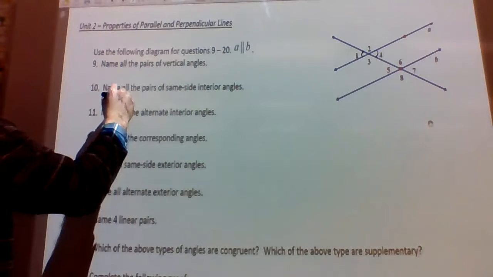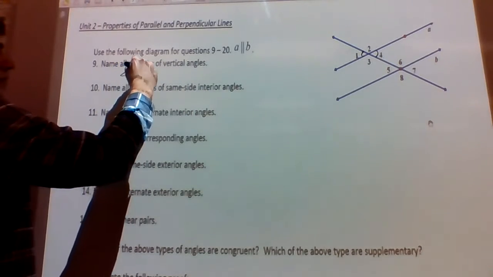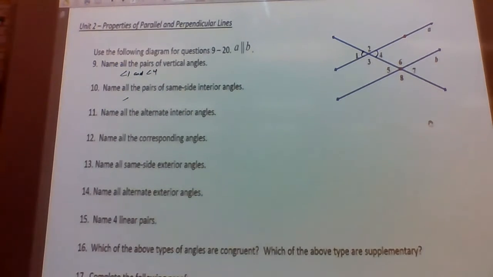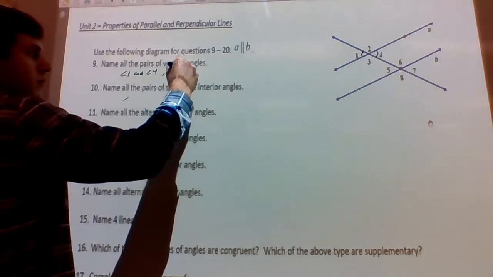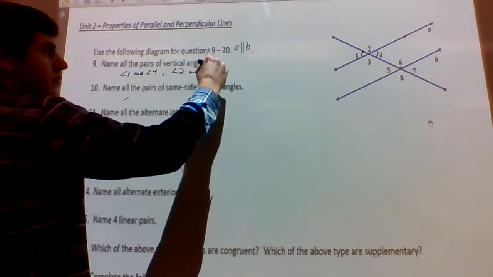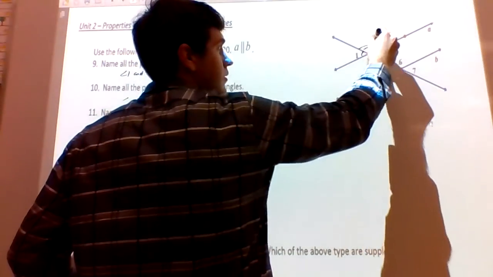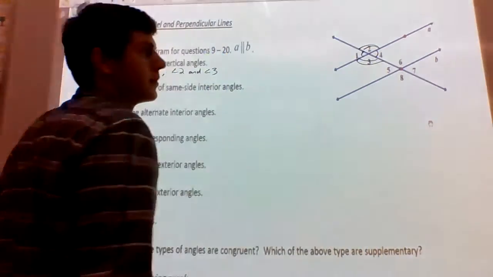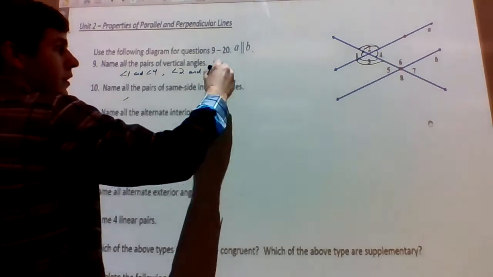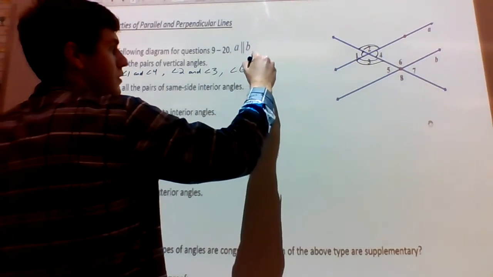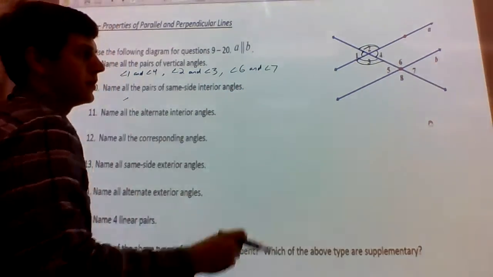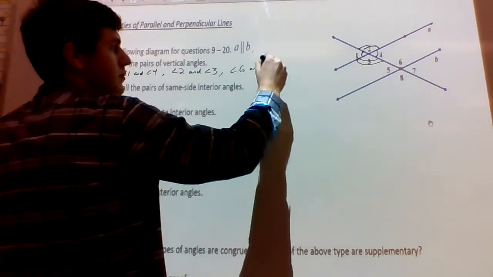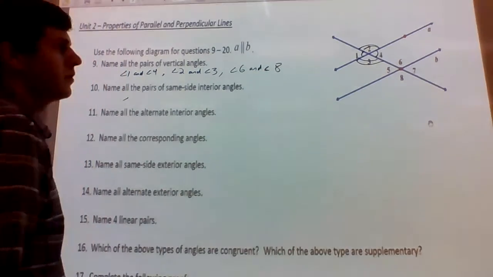So angle 1 and angle 4 are vertical. Angle 2 and angle 3 are vertical. Angle 6 and angle 8 are vertical.